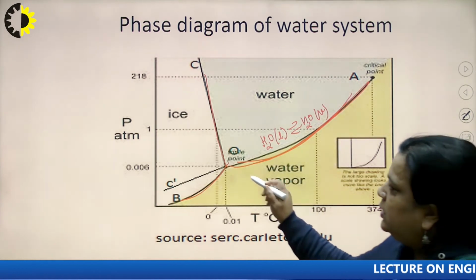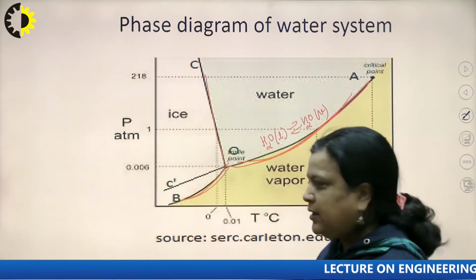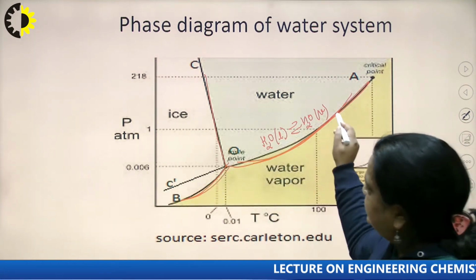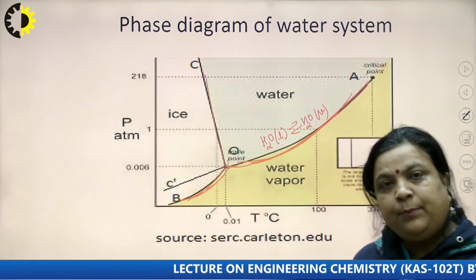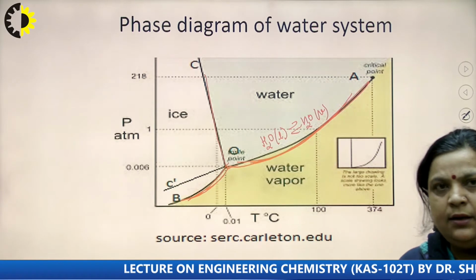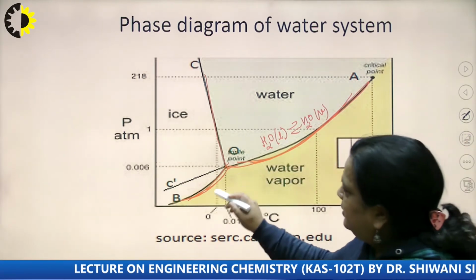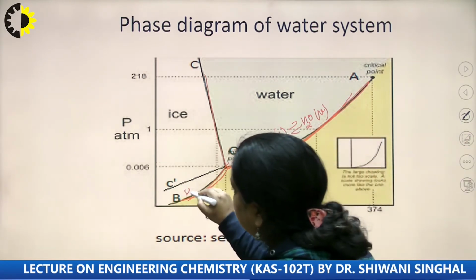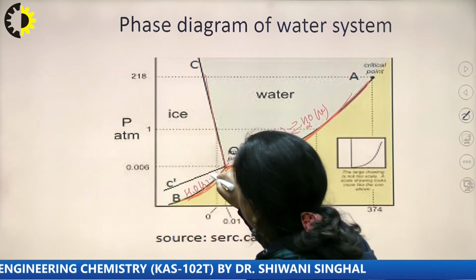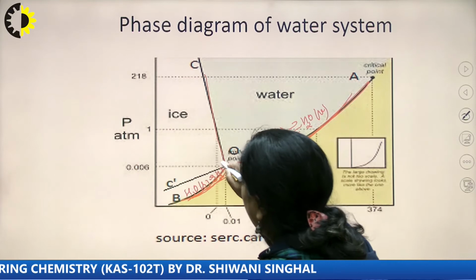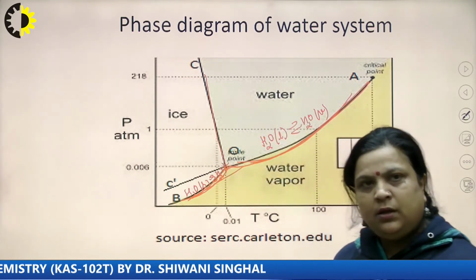Now, when we see the second curve OB, it means below this point O up to absolute zero temperature, we can easily see that solid is in equilibrium with vapor, and both have positive slope.